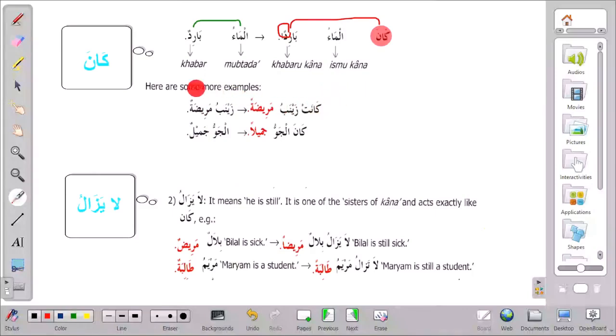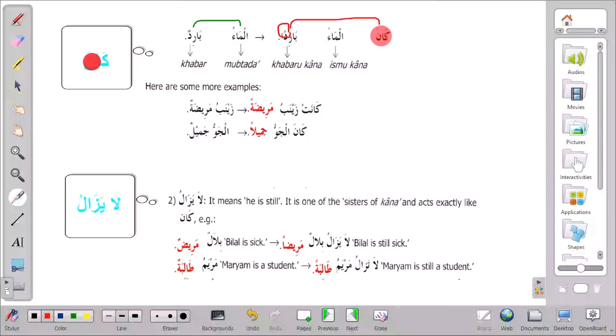So these are other examples. كانت زينب مريضة. The initial sentence is زينب مريضة. Zainab is sick. But if I want to say it in the past tense, she was sick. So كانت, she was. So kana is for masculine.